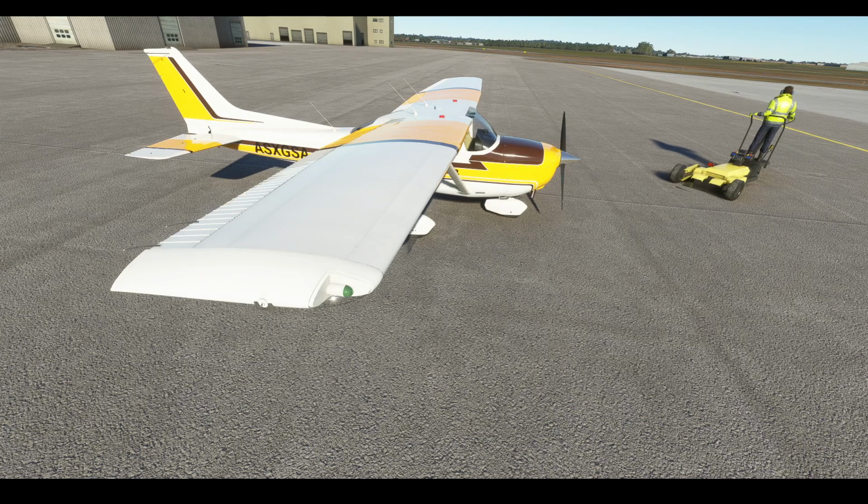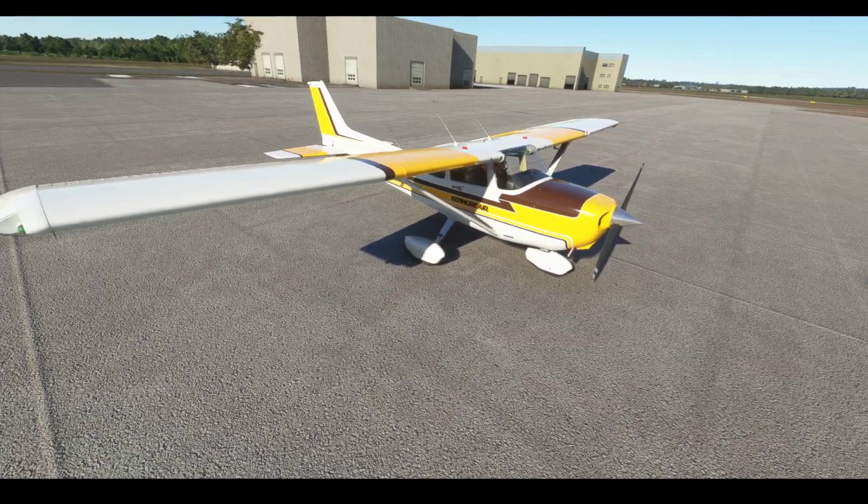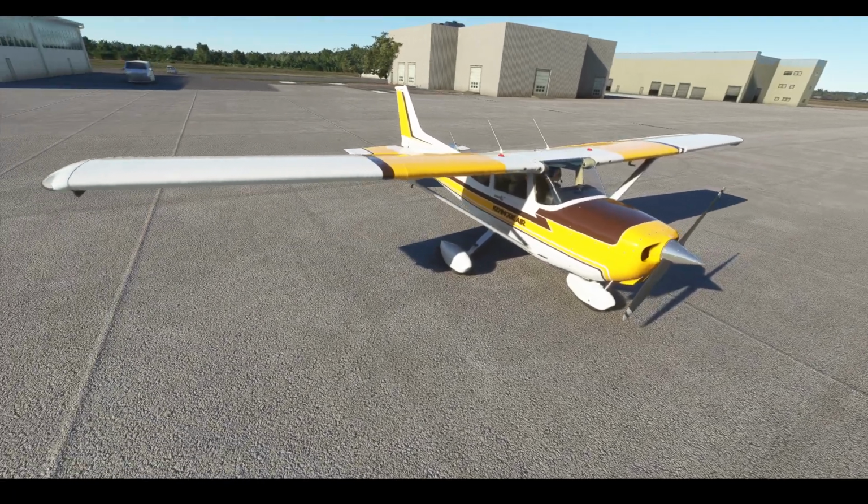Okay, so back to the one that we have here. We've got our Cessna 172, very common. They can be a rental aircraft. They're usually on the cheaper side of aircraft that can actually be purchased by private pilots.